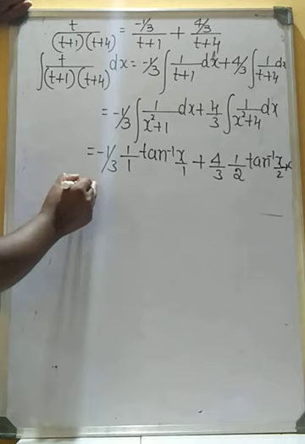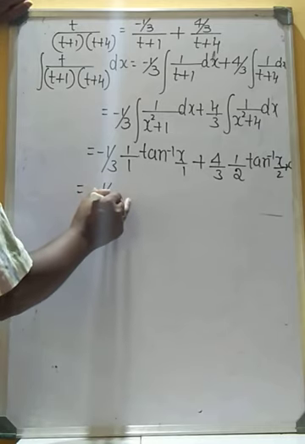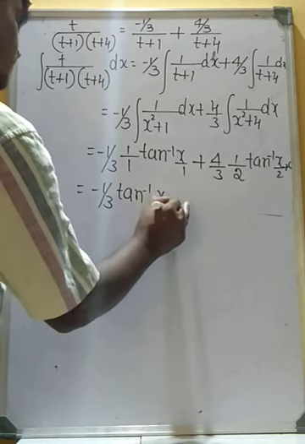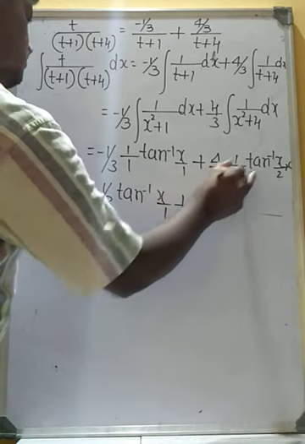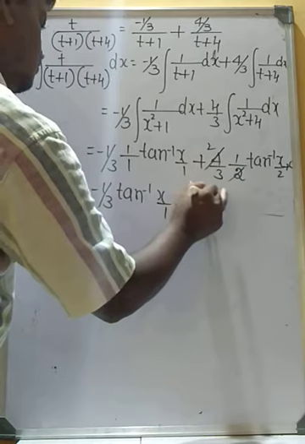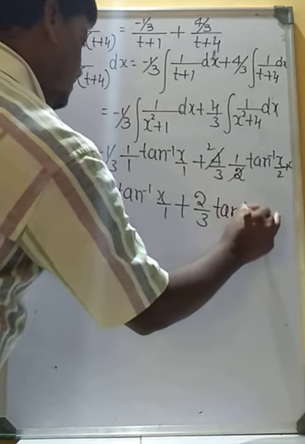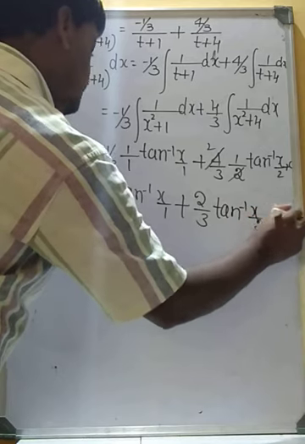So it is equal to minus 1 by 3 into tan inverse of x by 1 plus 2 ones are 2, twos are 2 by 3 into tan inverse of x by 2 plus c.